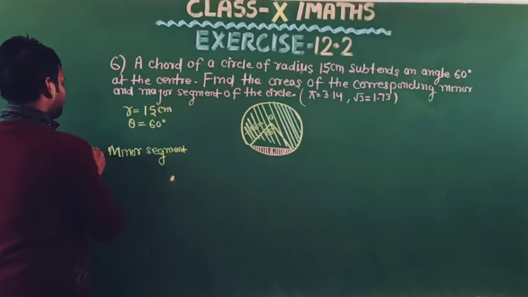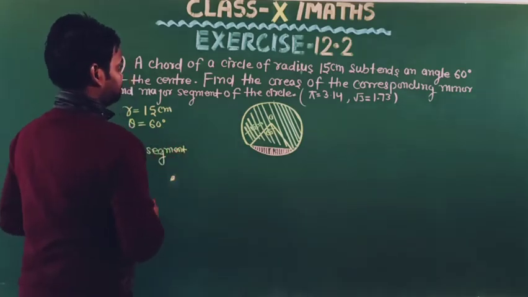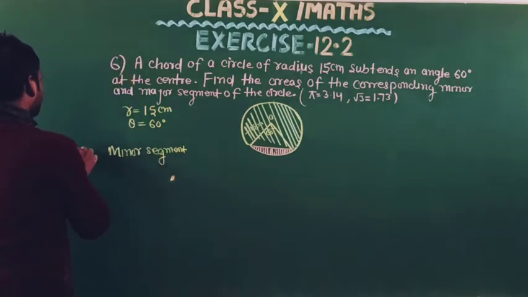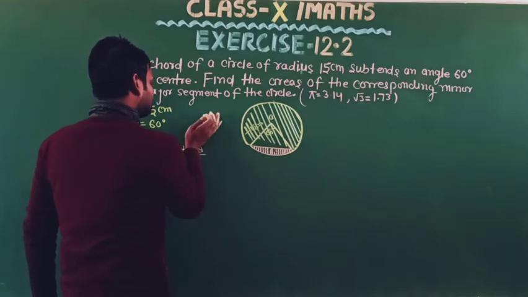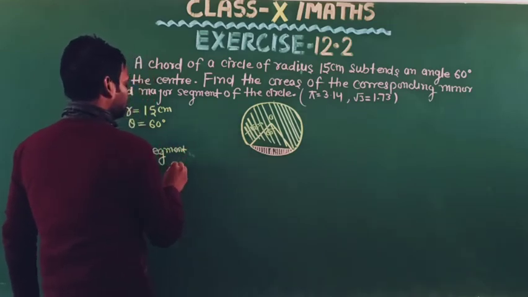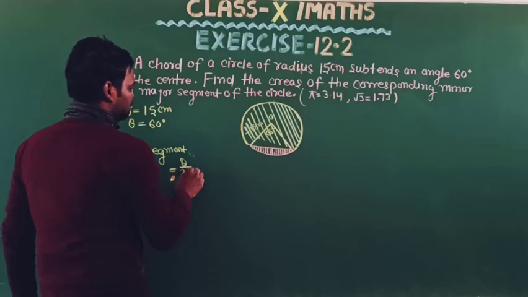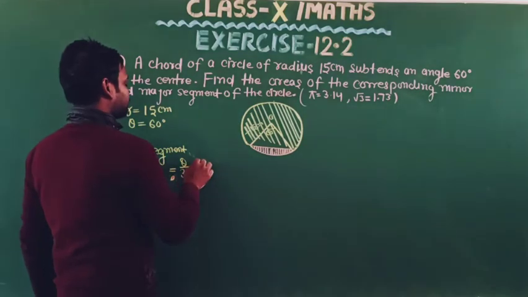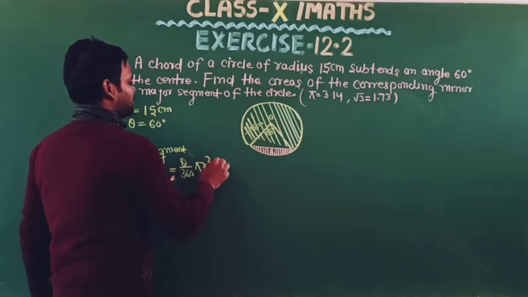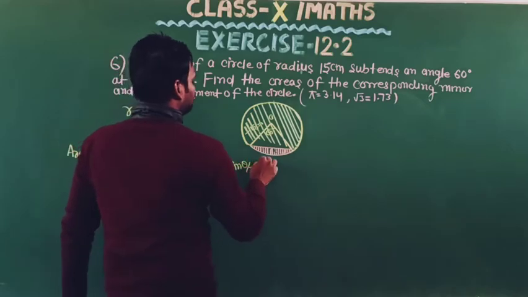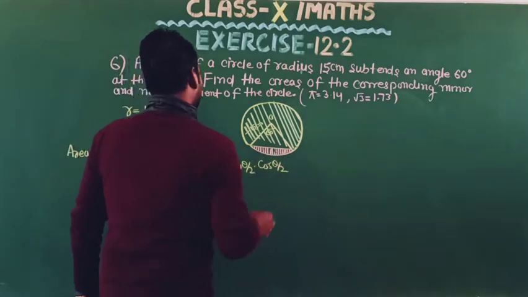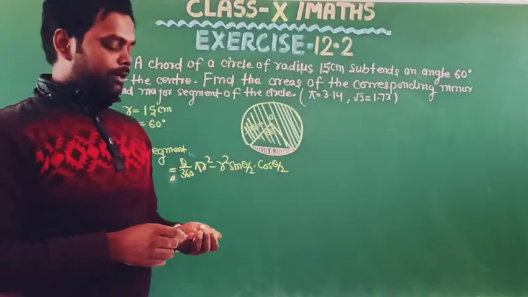Area of minor segment is equal to theta upon 360 times pi r square, minus r square sin theta by 2 into cos theta by 2.